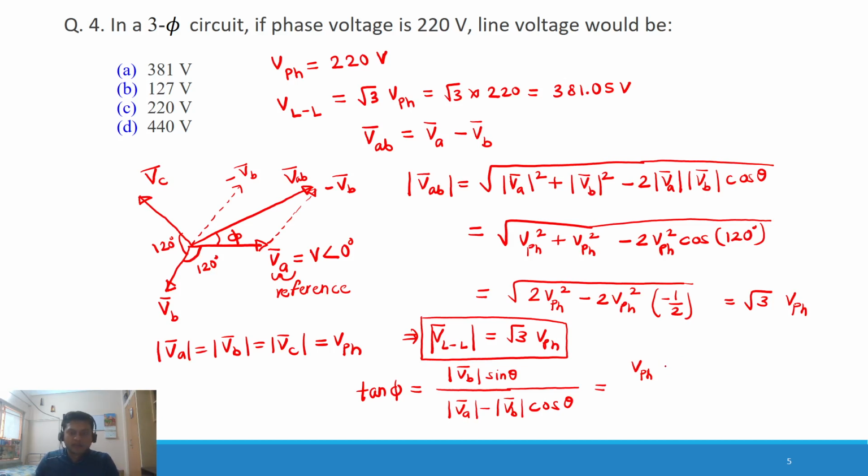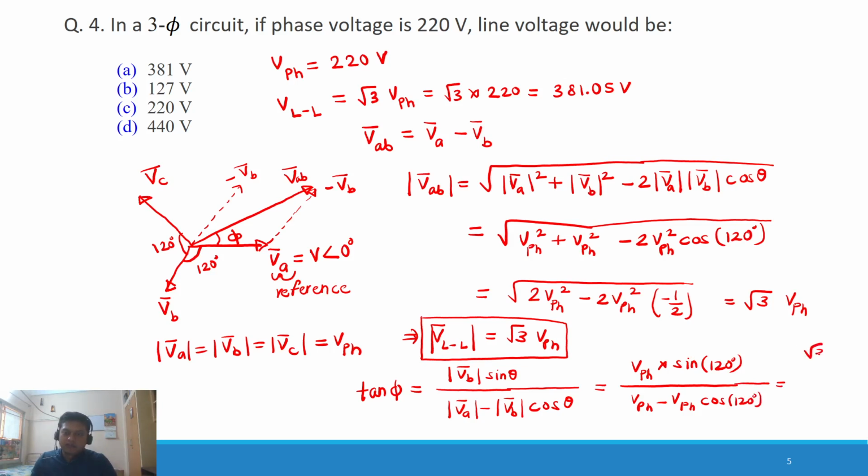root 3 divided by 2, and VA minus VB, all are having equal magnitude, cos 120 degree. So V phase will get cancelled out.